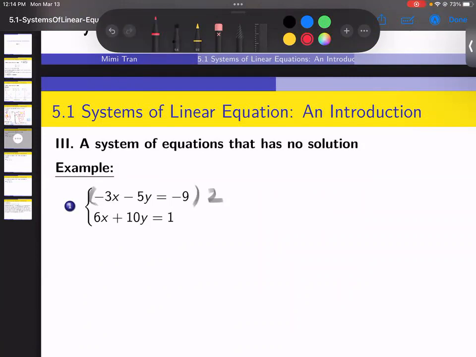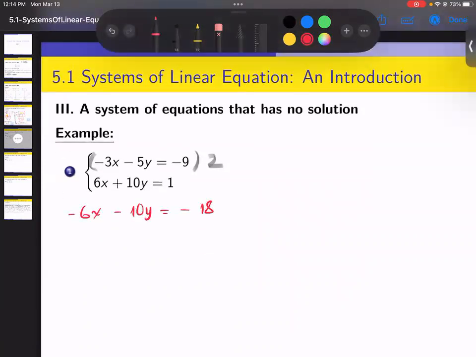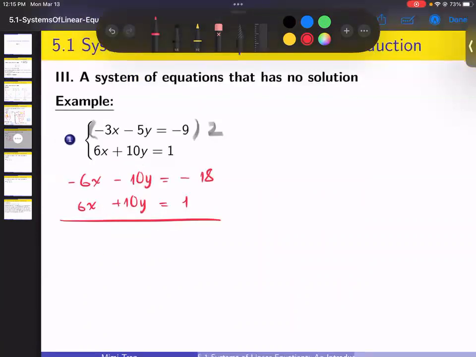So I have negative 6x minus 10y equals negative 18, and 6x plus 10y equals 1. Adding them gives 0 equals negative 17, which is not possible.